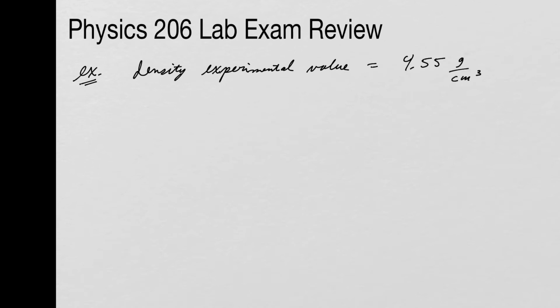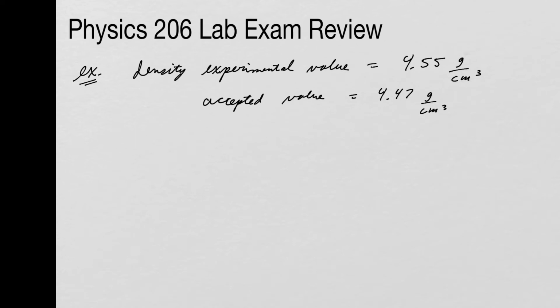And then you're given an accepted value for density. So that's like your accepted, predicted, gold standard value. Let's say that's 4.47 grams per centimeter cubed.